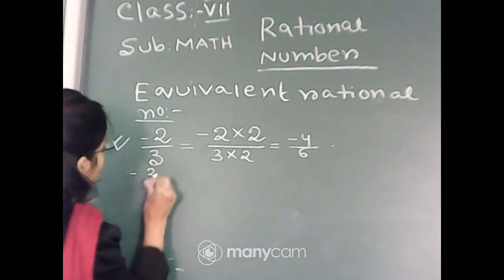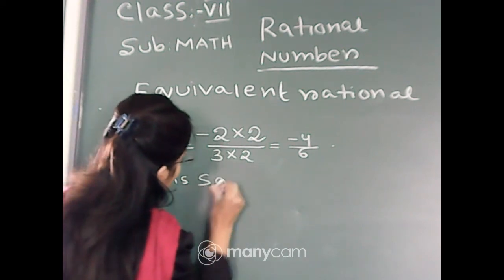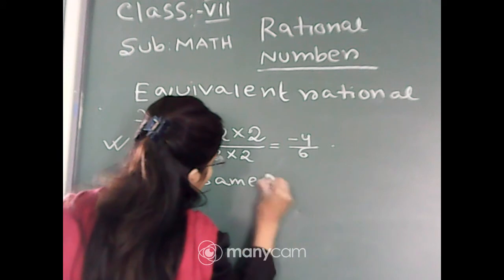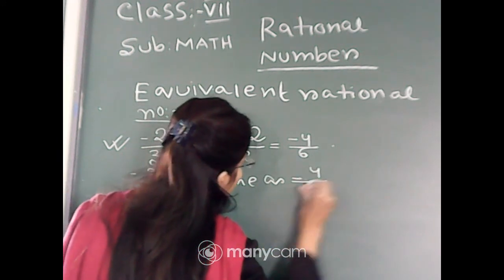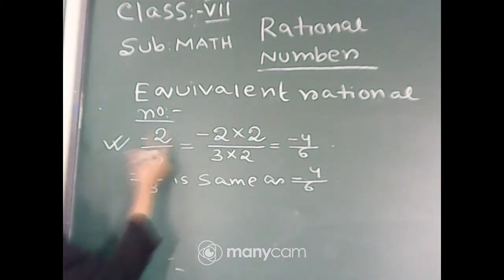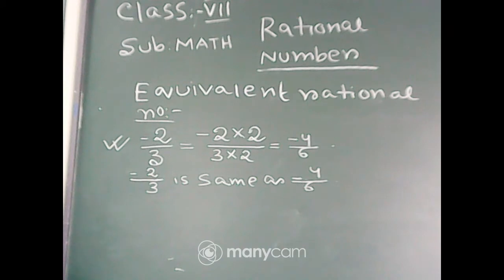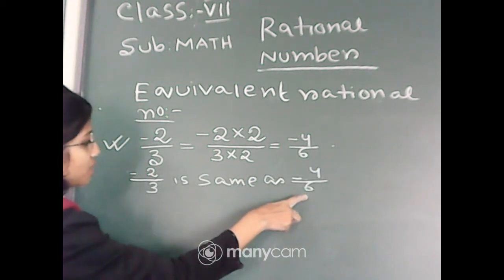Therefore, minus 2 by 3 is same as minus 4 divided by 6.